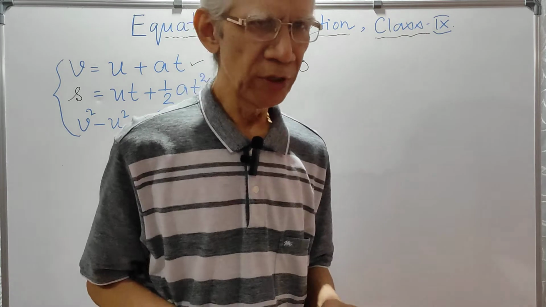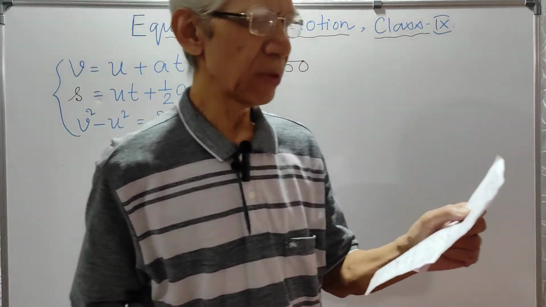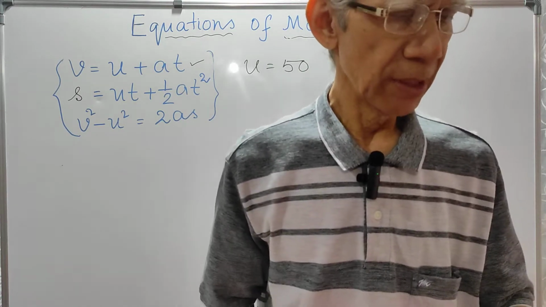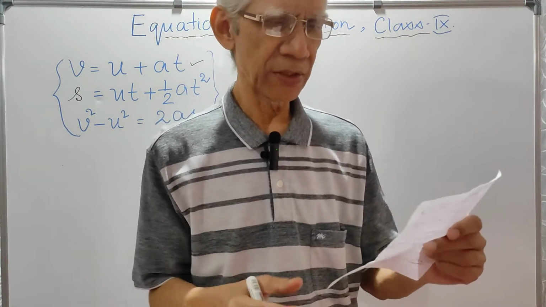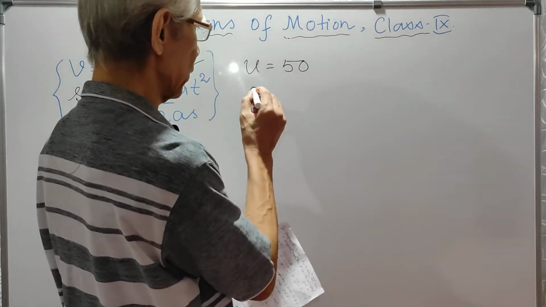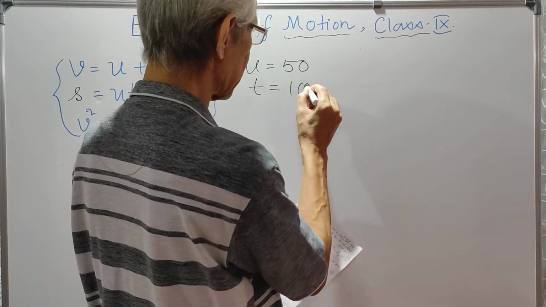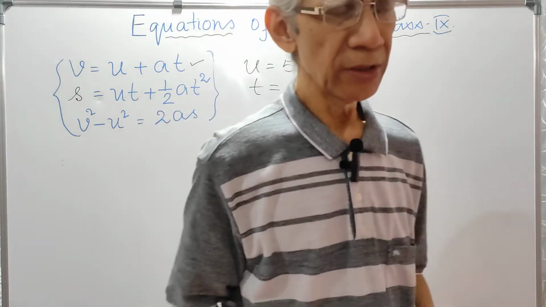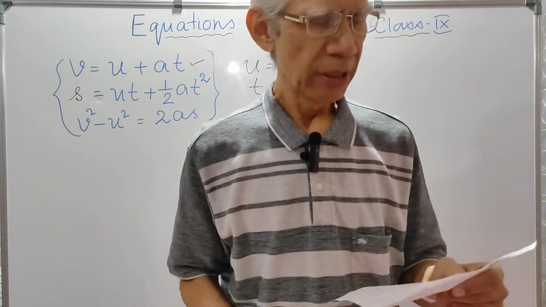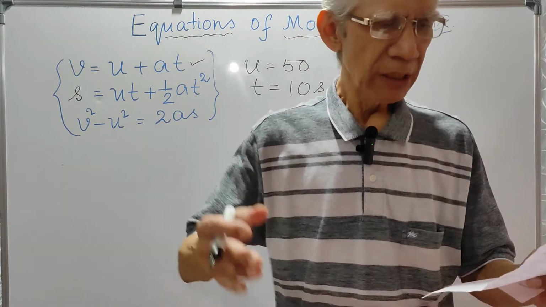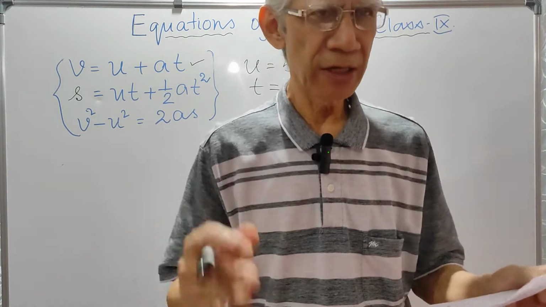A car is moving with uniform velocity. Imagine a car moving with uniform velocity 50 meter per second. Now due to application of brakes for 10 seconds. So for 10 seconds the driver has used the brakes, isn't it? So imagine a car moving at what speed? 50 meter per second. Then the driver presses on the brakes constantly.